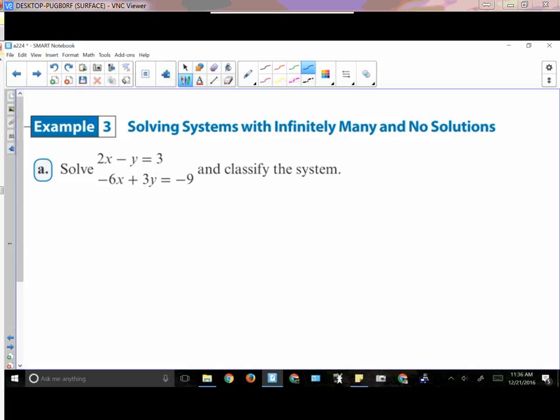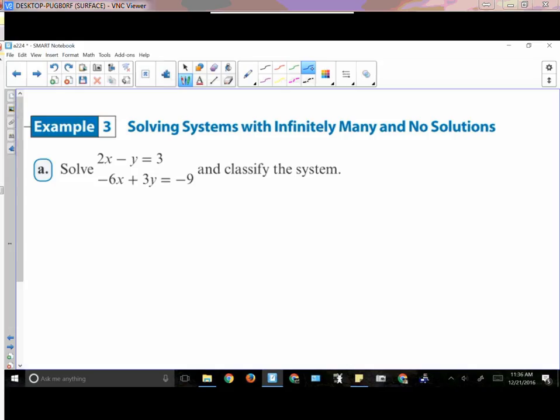So I'm looking at this. I got the 2 and the 6. I got that negative y. Whenever I have something that does not have a coefficient on it, I am going to target that.